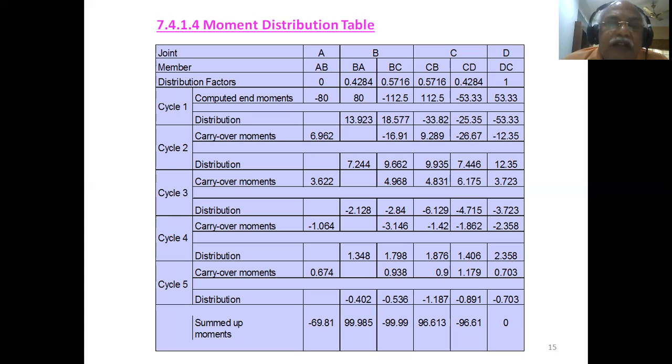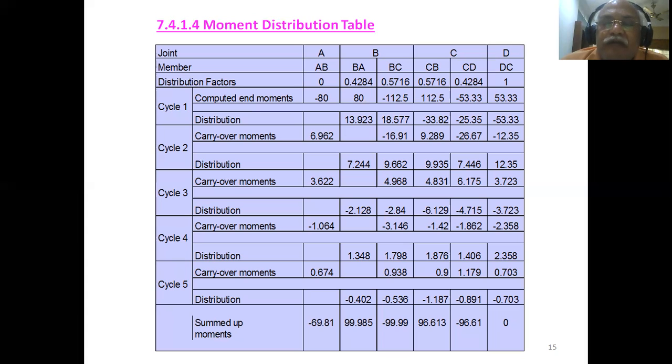Okay. Next, friends, we have to sum up the moments, whatever end moments are there. If you sum them up, we will get the final moment. We should ensure that the final moment at each joint is equal and opposite on either side. That means if one side is plus, the other side should be minus, and the magnitude should be equal, because the basic principle is the equilibrium condition.